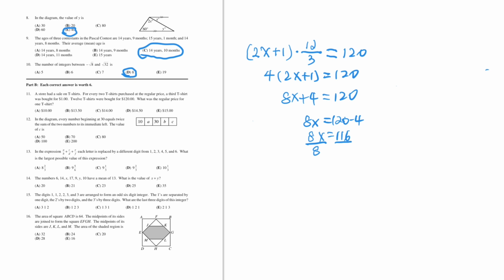Divide both sides by 8 to isolate x. x equals, that's 1 giving us 36. 4 times 8 is 32. That's 14.5. So the original price of a t-shirt is $14.5. That's the answer D.